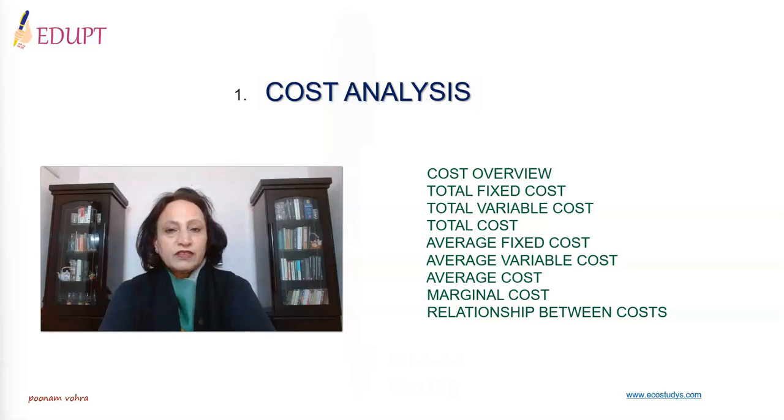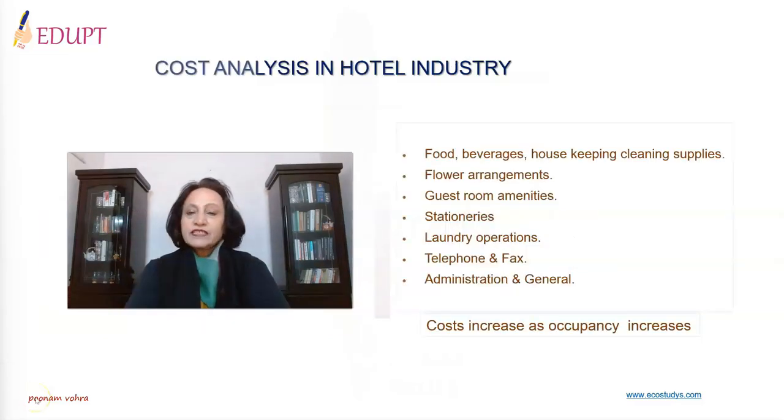So let us begin with today's session, which provides an overall view of various costs. Let's think of a hotel and costs involved in its operation. In a hotel, costs depend upon the occupancy of rooms.